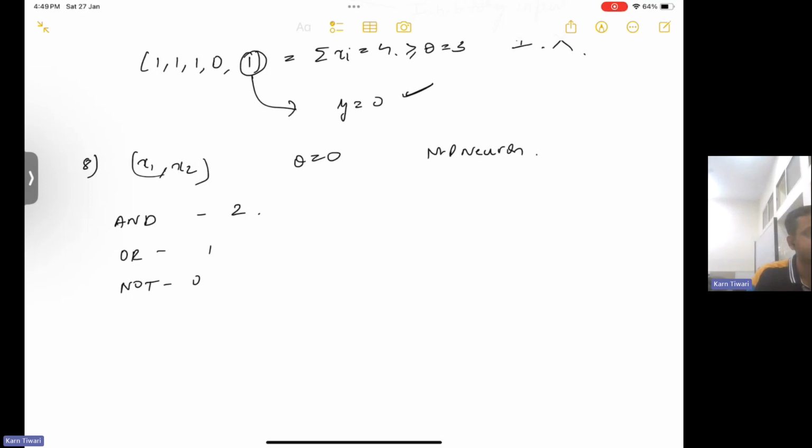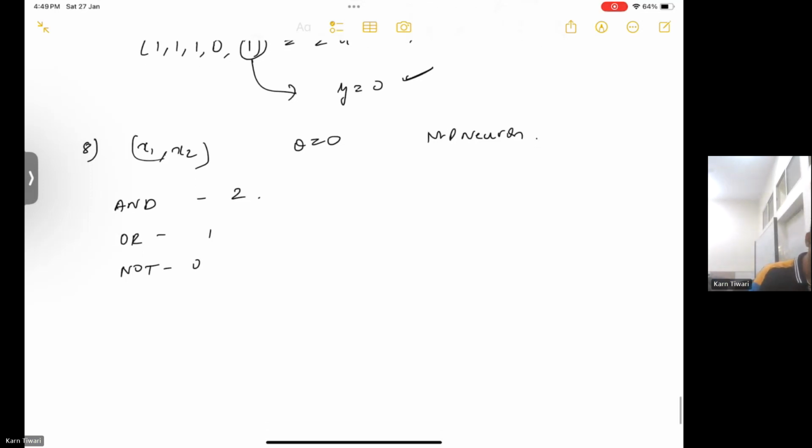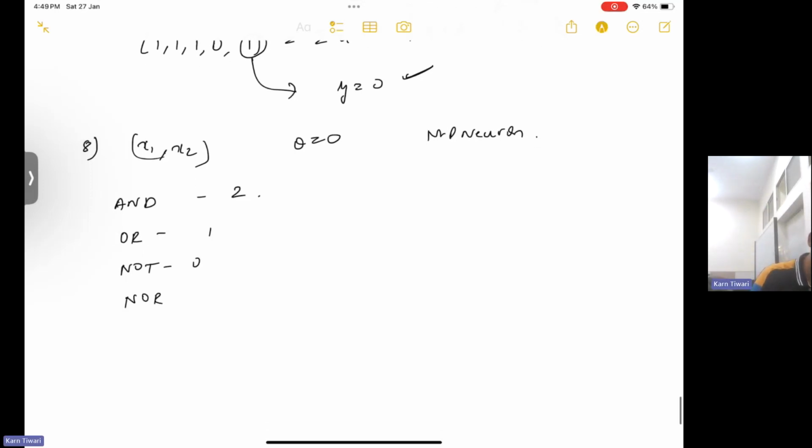Its output is 1. And NOR gate, let's see whether that's what it is. So again, we have x1, x2: 0, 0, 0, 1, 1, 0, 1, 1.